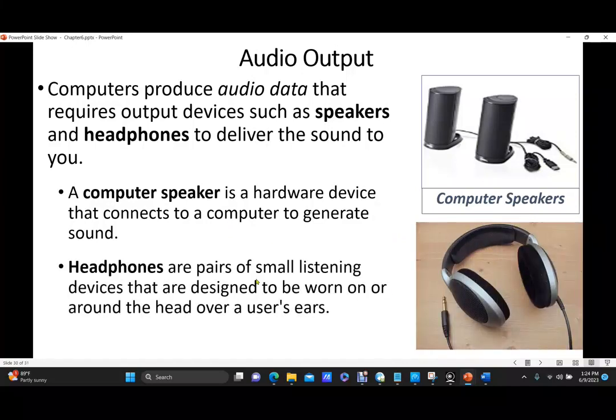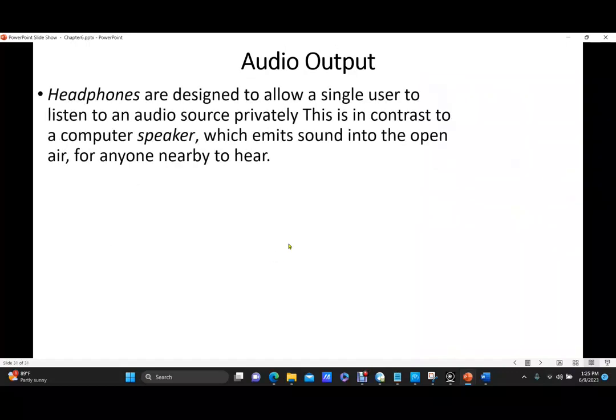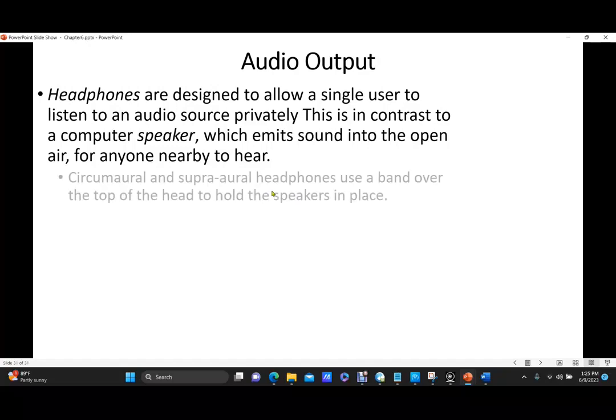Headphones are pairs of small listening devices that can be worn on or around the head over the user's ears. Headphones are designed to allow a single user to listen to an audio source privately. A computer speaker, on the other hand, produces sound that blasts out into the open air for anybody nearby.